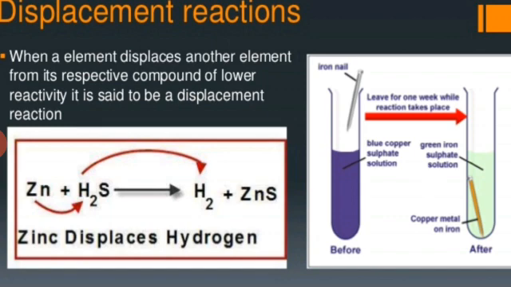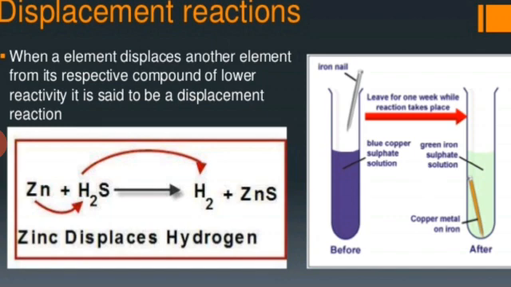Similarly, if we take copper sulfate in a test tube and we add iron nails to it, after some time you will see the blue color of copper sulfate will change to green. It is because iron has displaced copper from copper sulfate and formed iron sulfate, which is green in color. This is called a displacement reaction.